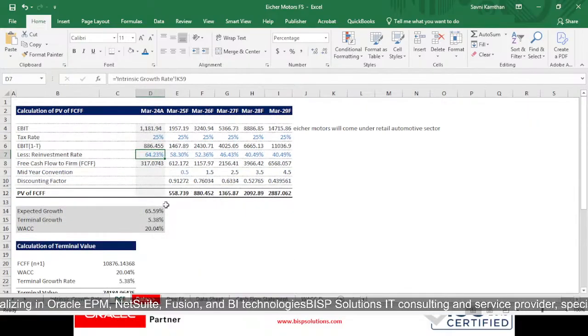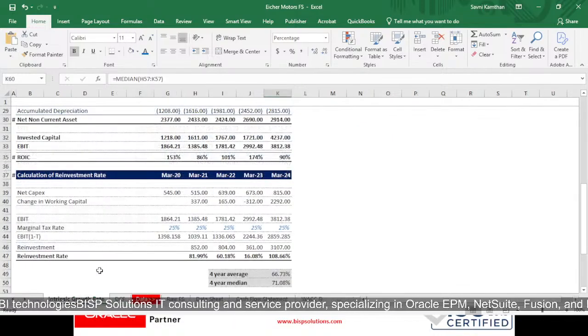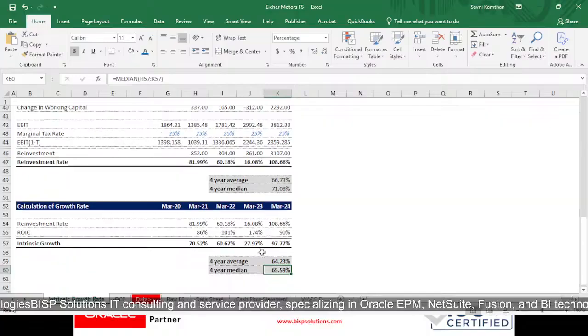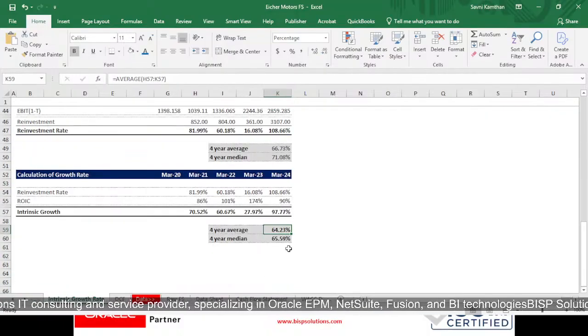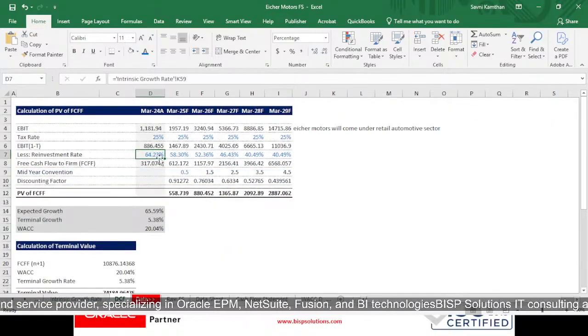So reinvestment rate is 64.23%, right? So how I have taken it from here, because in my intrinsic growth, I am getting my growth as 64.23%, right?